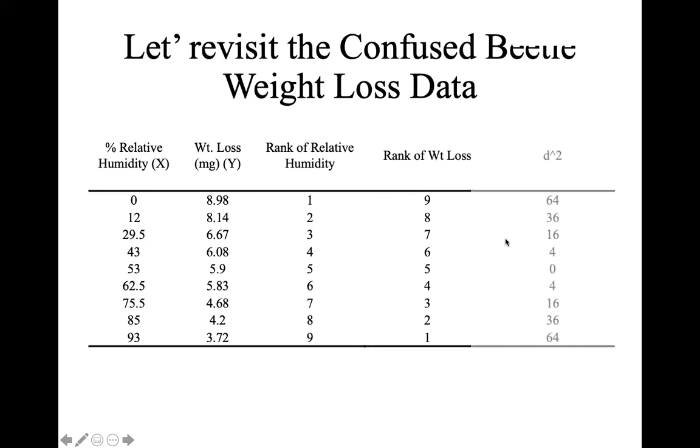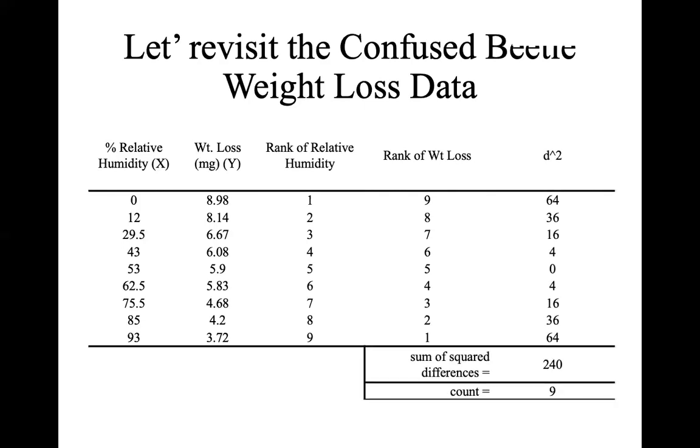For this data set, the number of observations is 9, so that would be 9 times 9 squared minus 1. And when you do that, R ends up being -1, which is exactly what you would expect if you had this sort of situation where each of these is paired in opposite directions.